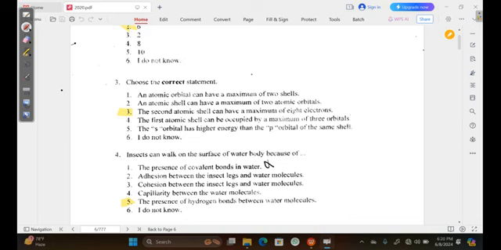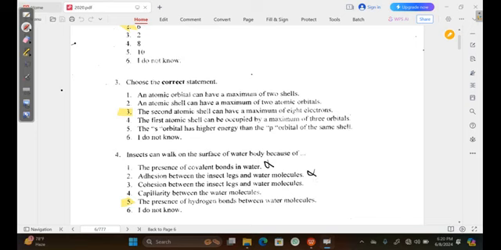Then there's 2, adhesion between the insect legs and water molecules. Again, this might sound right, but it is actually wrong because yes, adhesion may occur between the insect legs and the water molecules, but this might also displace the water as it is moving, because the water may start leaning on the insect's body.